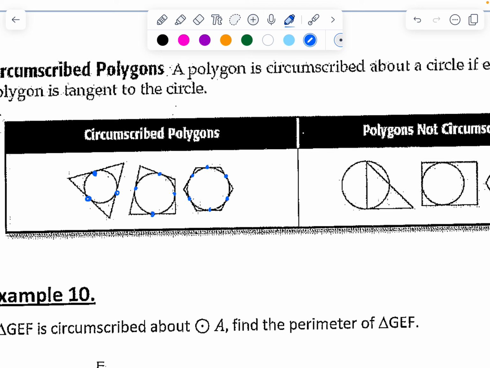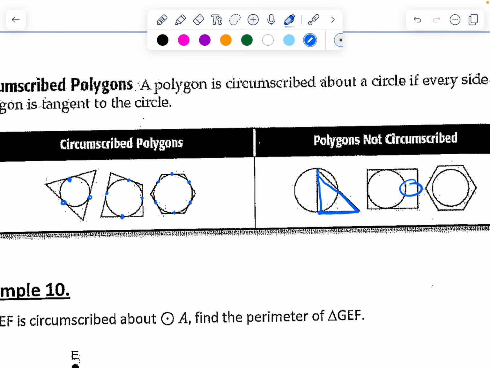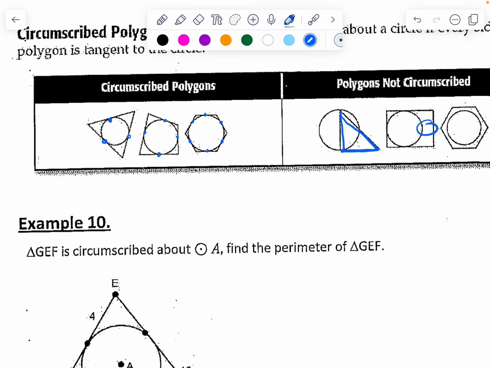So here, do you notice how the triangle is outside the circle? Or the circle is outside the triangle? That's not circumscribed. Here, we have this big empty space here. That's not circumscribed. And on this last one, the circle doesn't even touch the polygon. So none of those are circumscribed. It touches at exactly 1 point.